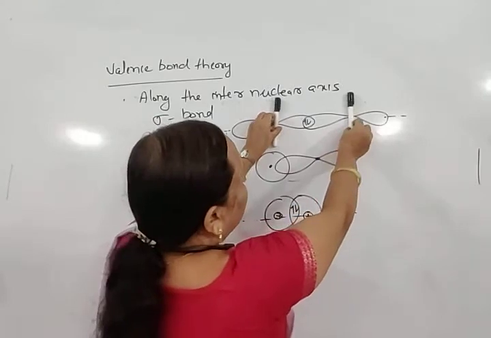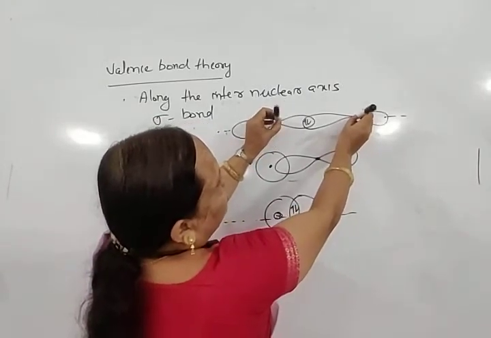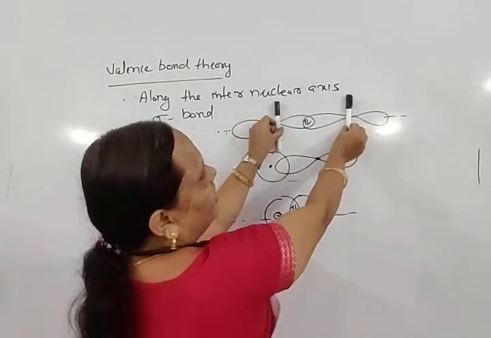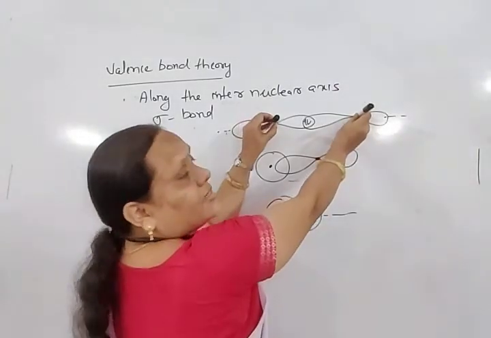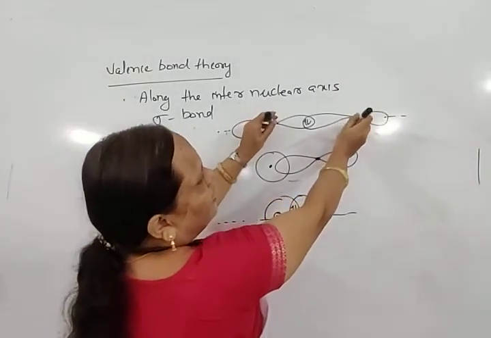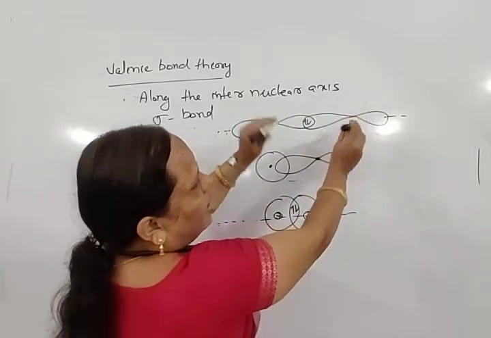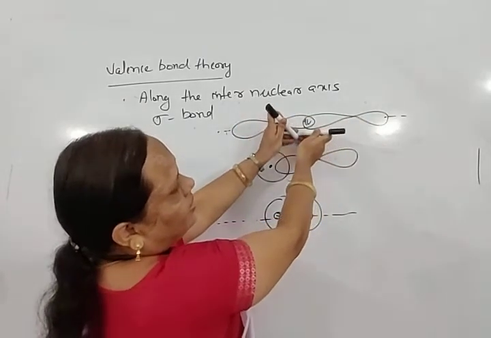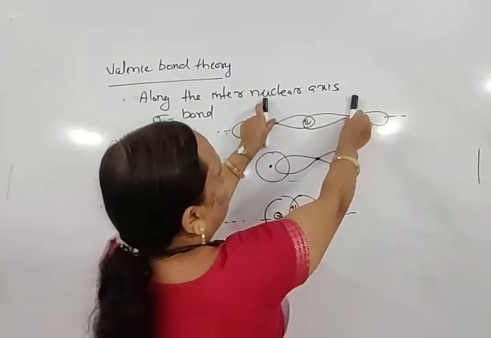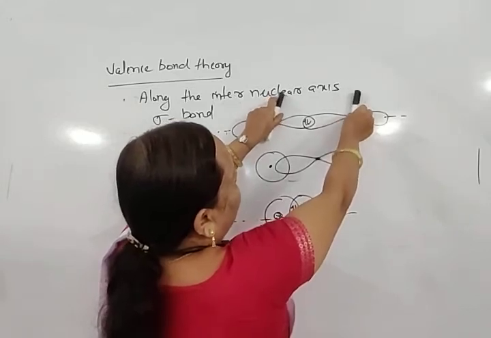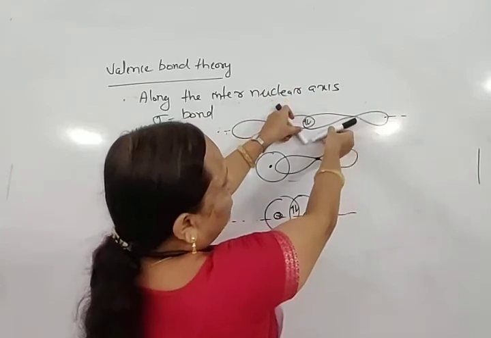This is the x-axis, this is along the y-axis, and this is along the z-axis. If one pair of orbitals overlap here and on the other side, the back side of the whiteboard, then this forms a pi bond. Similarly, these two orbitals come in this way and these two orbitals come in this way.